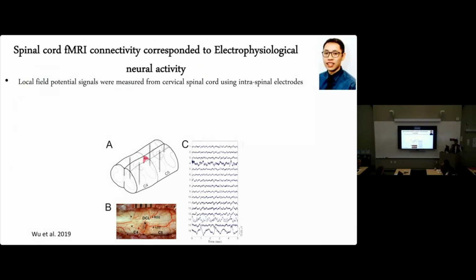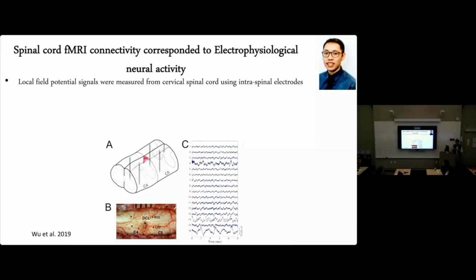One last study that I would like to mention, which our group did quite some time back, but is of importance here, is that we also wanted to know how much correspondence there is between the functional MRI connectivities that we get using fMRI and those that we can get using electrophysiology, because BOLD fMRI is after all considered to be an indirect measure of the neural activity.